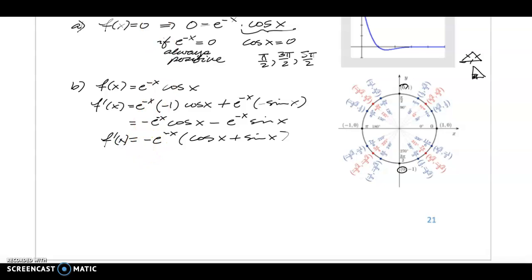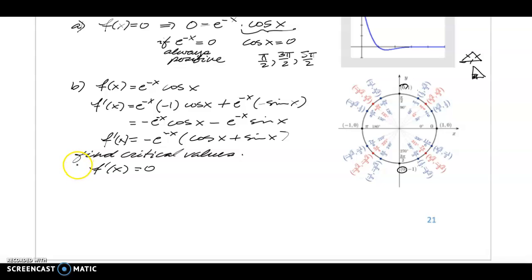Again, we already know when we want to find our critical values. So we want to find where the derivative equals 0. And one of the cases is going to be x equals 0. We're going to set that because that's where our mins and maxes are. We already found our zeros, so we know where they are.